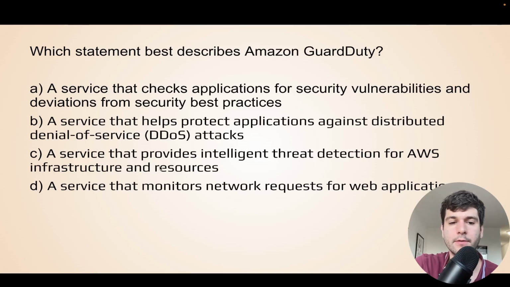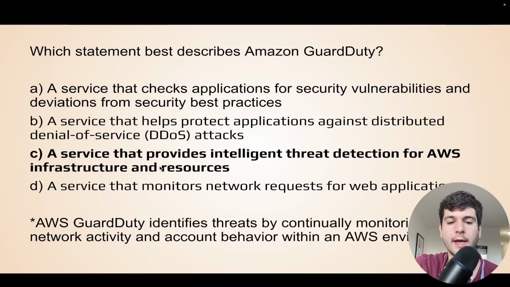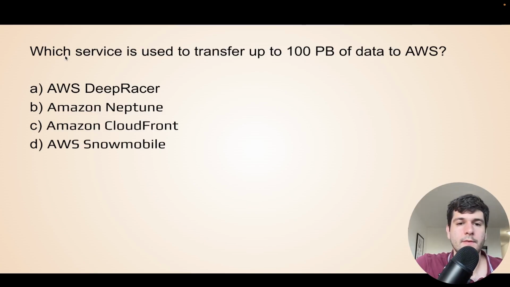The correct answer here would be C. AWS GuardDuty identifies threats by continually monitoring network activity and account behavior. You could think of it as a guard dog that's monitoring your account, detecting threats, and then barking.